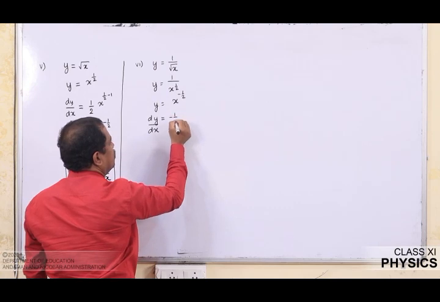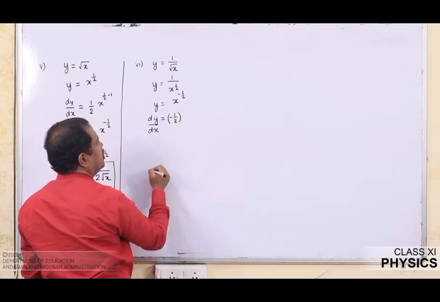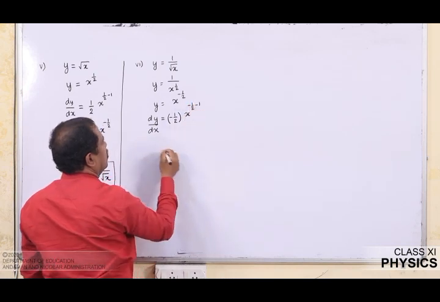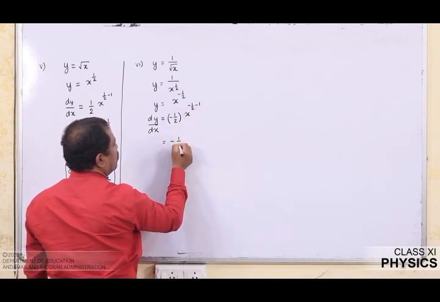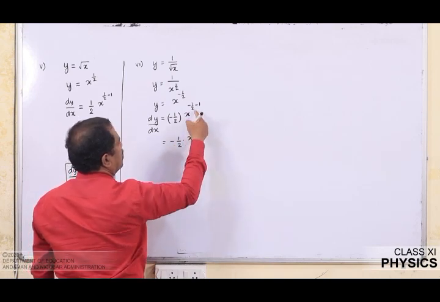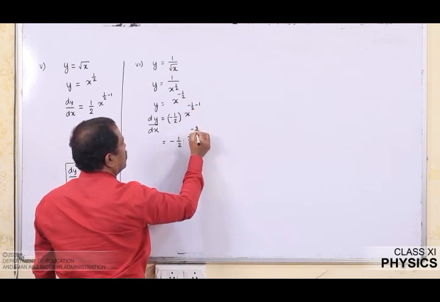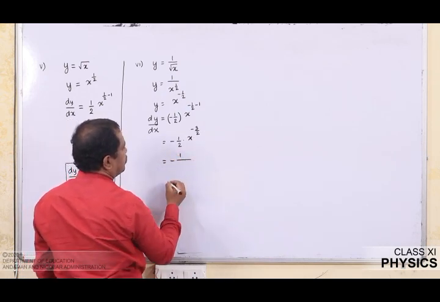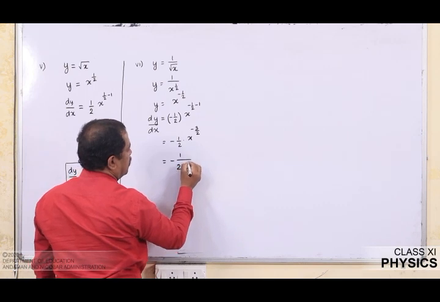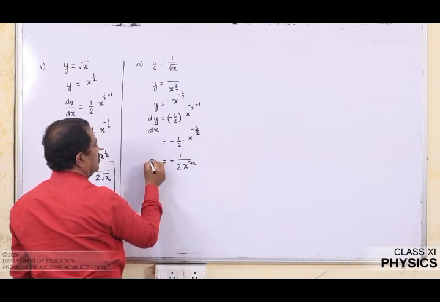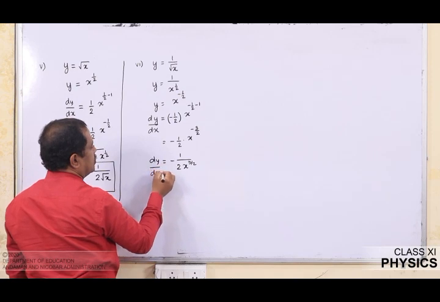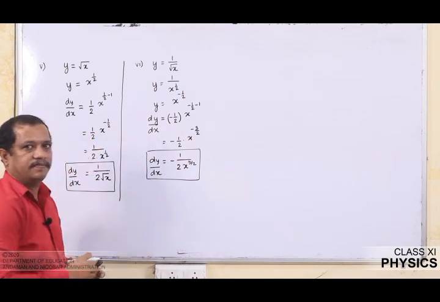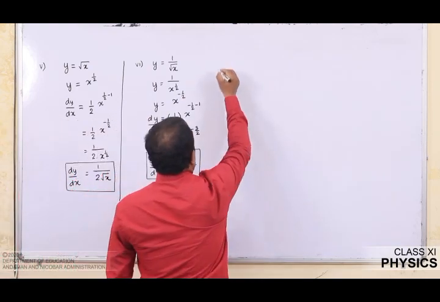So, to me I have the power minus 1 by 2, x power minus 1 by 2 minus 1, otherwise this is minus 1 over 2 times x power minus 3 over 2, otherwise this will be minus 1 over 2 times x power 3 by 2. So, this is the differentiation of the function y is equal to 1 over root x. Let us move on to another problem.